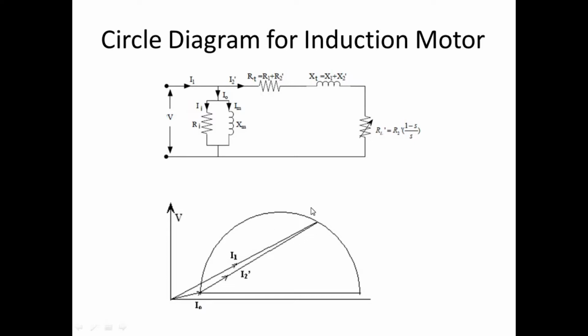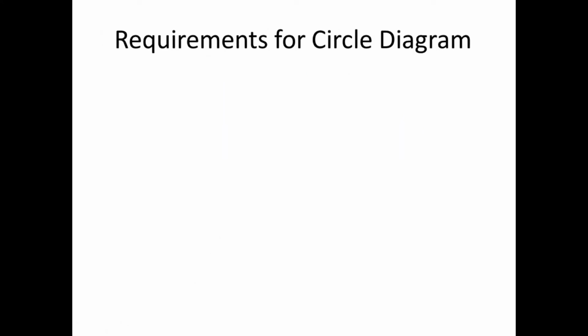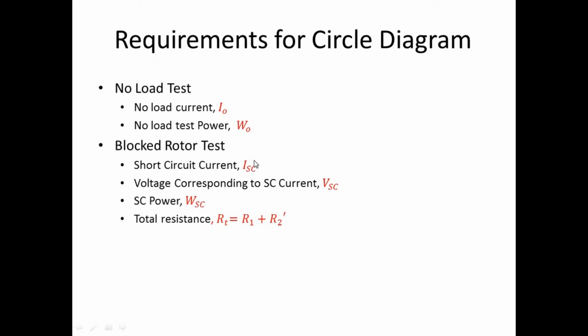We can now apply this circle diagram for induction motor, since it is similar to a series RL circuit with varying R. And there are some requirements in order to construct the circle diagram. First, we have to conduct the no load test to find no load current I0 and no load power input W0. Next is the block rotor test in order to find ISC, the voltage corresponding to the short circuit current VSC, and the power input WSC.